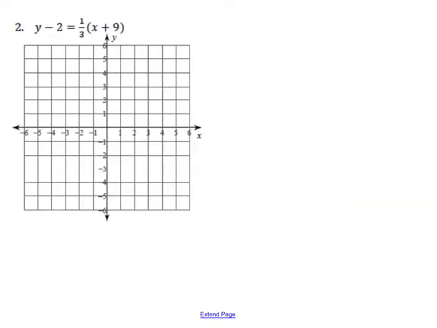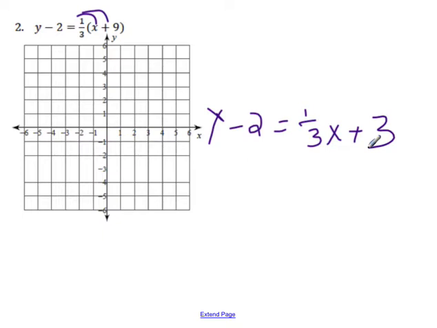Let's go ahead and take a look at number 2. For number 2, we're going to do some distributing. So I have y minus 2 is equal to 1/3 x plus 1/3 times 9. When you take 1/3 times 9, that's really the same as 9 divided by 3, so that's going to be 3. So why am I doing all of this solving?